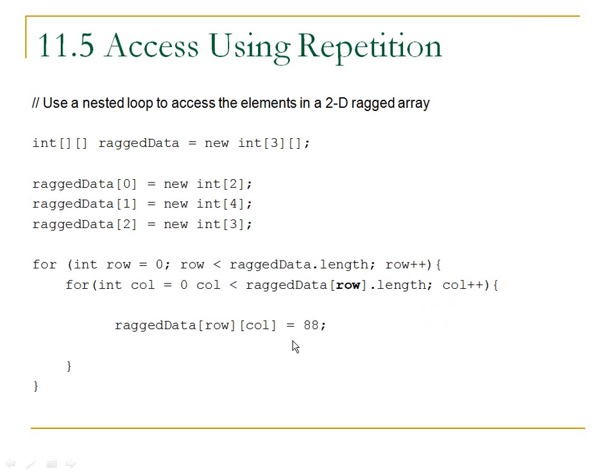You manipulate a ragged array exactly the same way as you manipulate a 2-dimensional rectangular array. So hopefully this for loop is starting to get familiar to you.